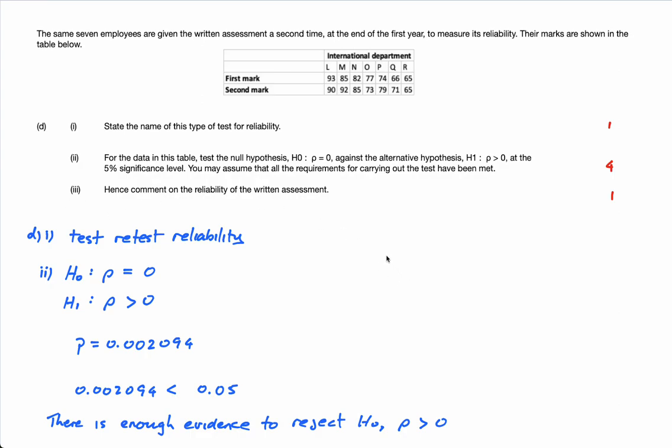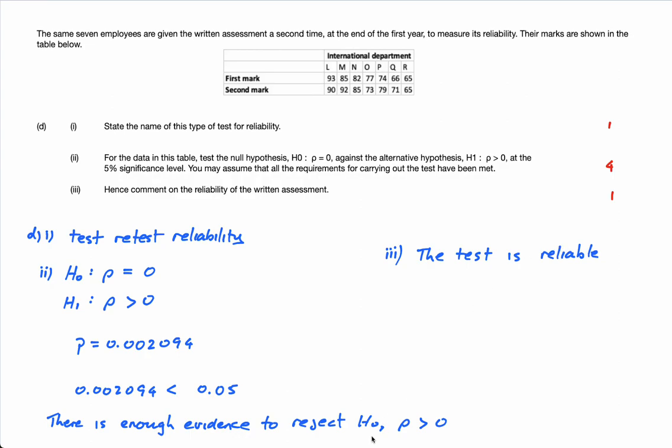And then part 3: hence, comment on the reliability of the written test. The test is reliable. It's only worth 1 mark, so that's all I need to say.